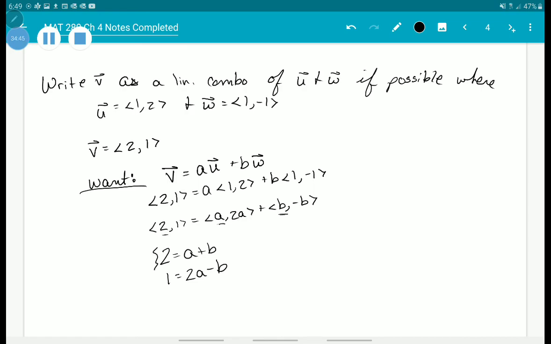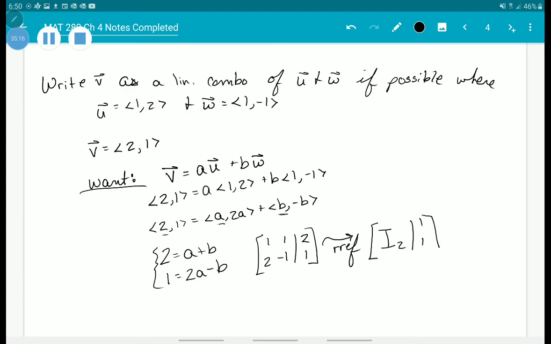So now we've got this system that we want to solve. I'm going to do RREF. And we're going to see if there's a solution to this. And it turns out this one does have a solution, and there's a unique solution.